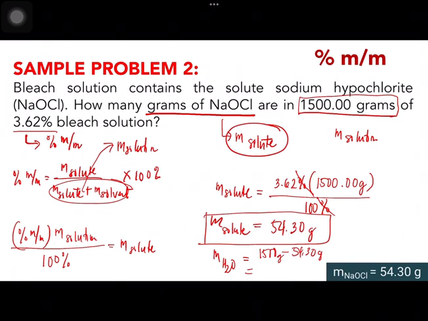So, let's solve pa rin. So, that means you have 1,445.70 grams of water added. So, you added this amount of water in grams to make a 1,500 grams of solution. Okay?